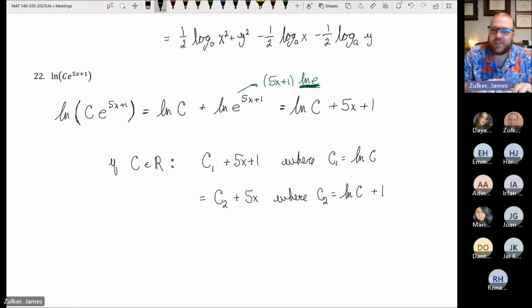Where c2 is log of c plus 1. Because again, what's log of a real number? It's a real number, isn't it? If you add 1 to a real number, you still get a real number.